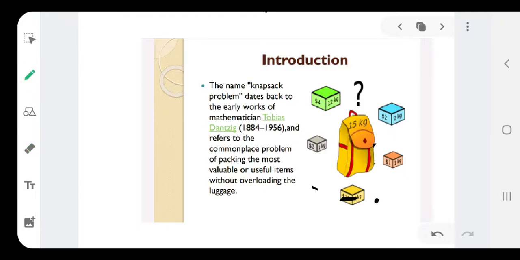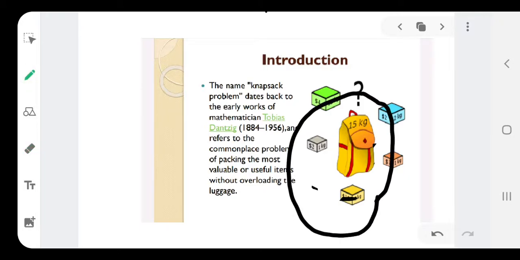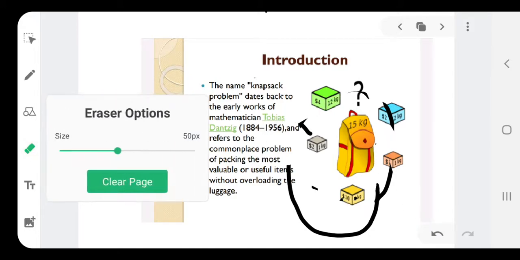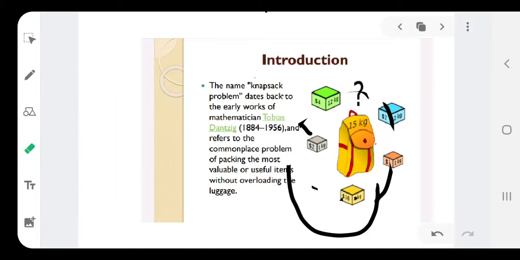It means that the trader or seller should choose only those objects that fit into the bag. It should not exceed its capacity, and the trader should carry only those objects so that the seller gets the maximum profit.